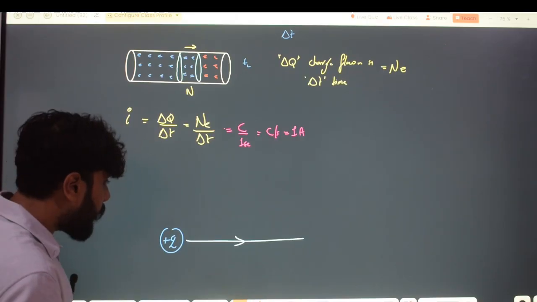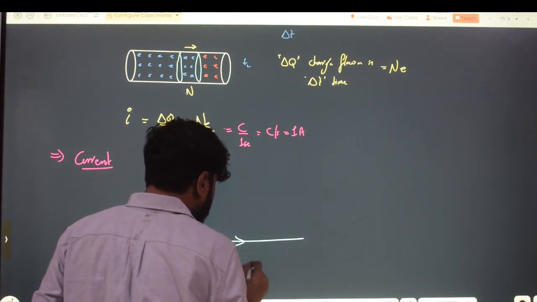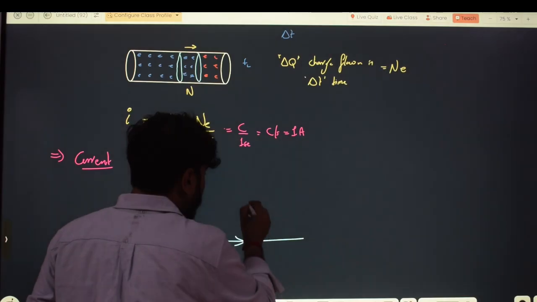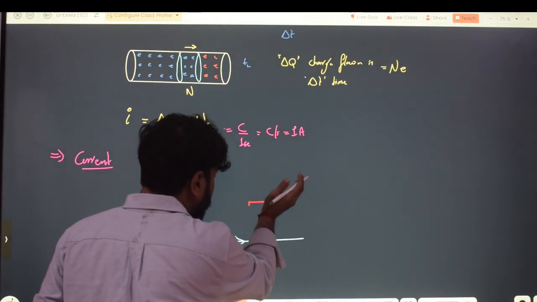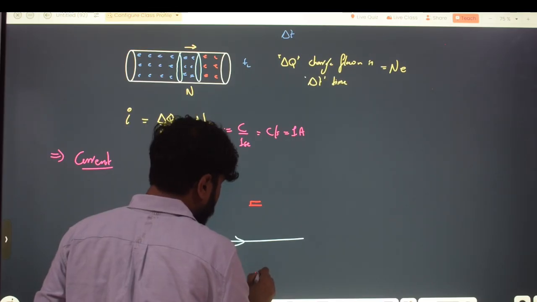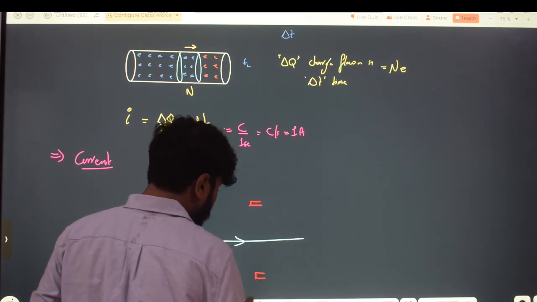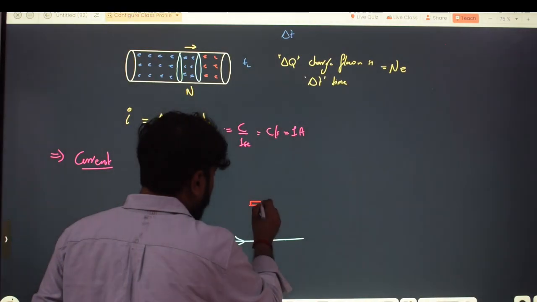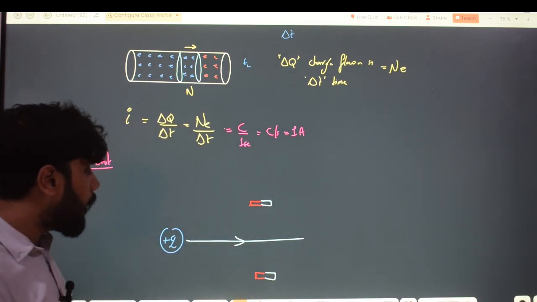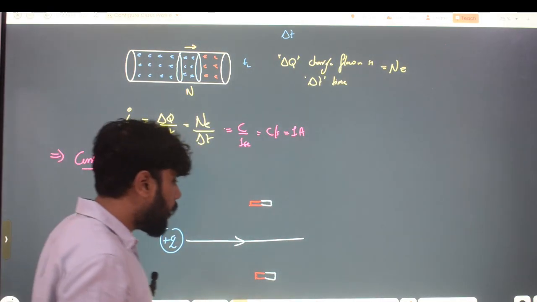For instance, let's say near this charge we have a magnet, north and south. North is formed with the help of blue, and south with the help of red.